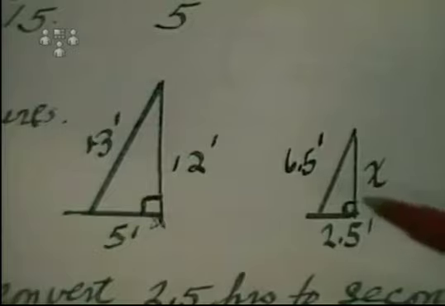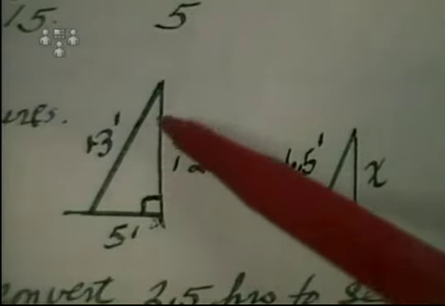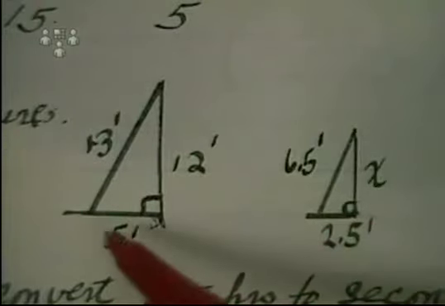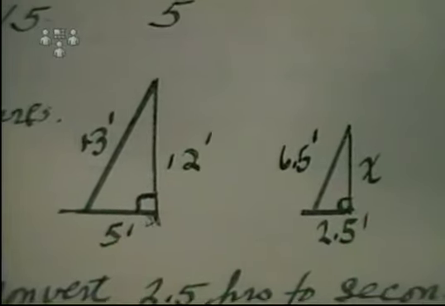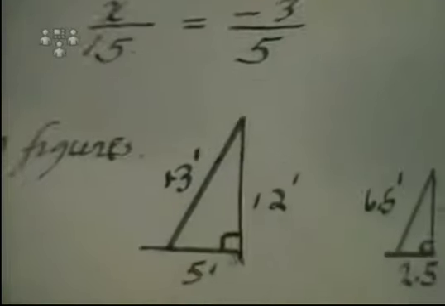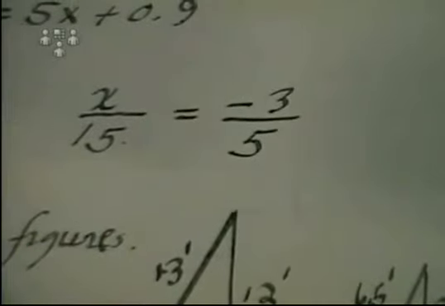corresponding sides, like this leg and that leg, are in the same ratio as this leg is to this leg. That is, I'll just slide up, you get two fractions equal, called a proportion. So from these two triangles, you can get a proportion like I have up here and solve that proportion by cross multiplication.